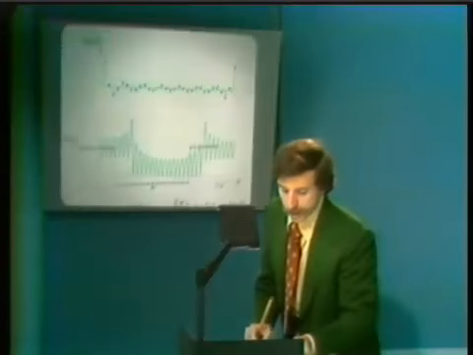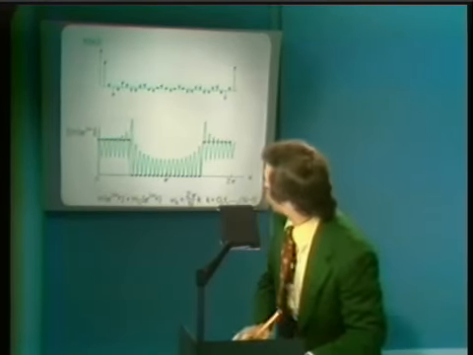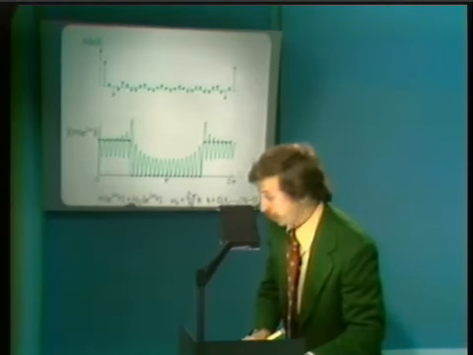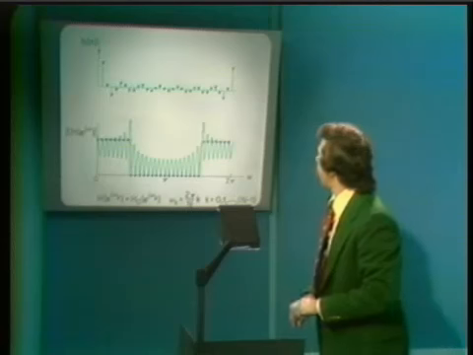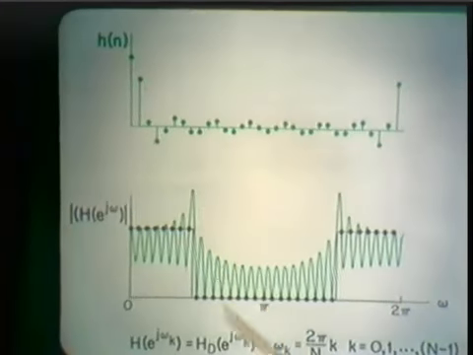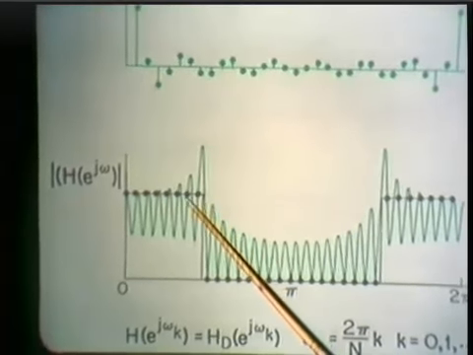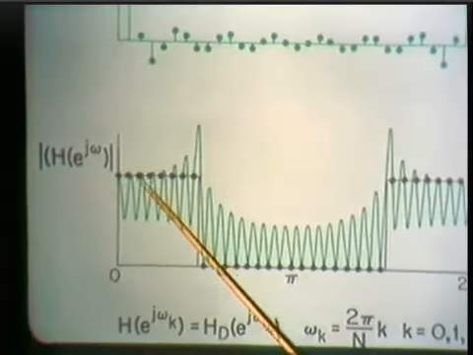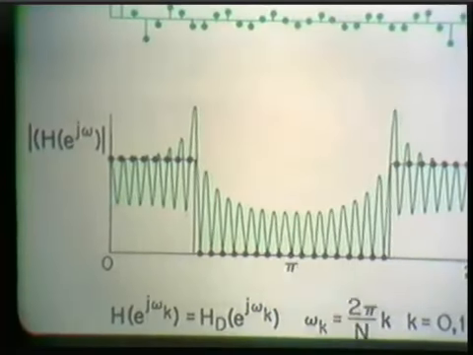And we can see that by, again, putting these two on top of each other. And you can see in this case, again, that this frequency characteristic goes through the specified frequency samples, but it has a very wild behavior in between.